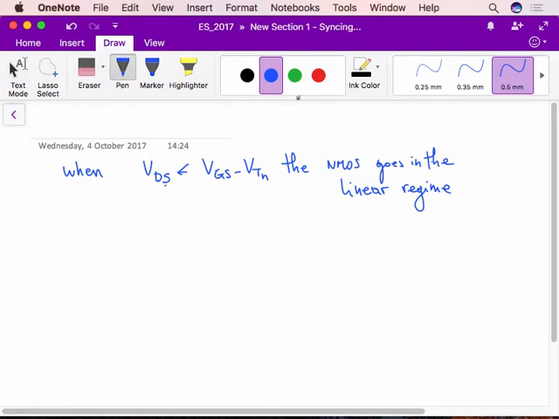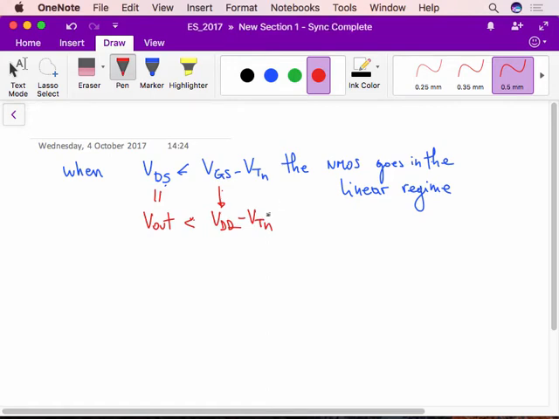And what's the meaning of this? VDS is equal to Vout, VGS is equal to VDD, and VTN is a constant. So Vout smaller than VDD minus VTN is the condition according to which the NMOS goes in the linear regime. Okay? So let's go back.